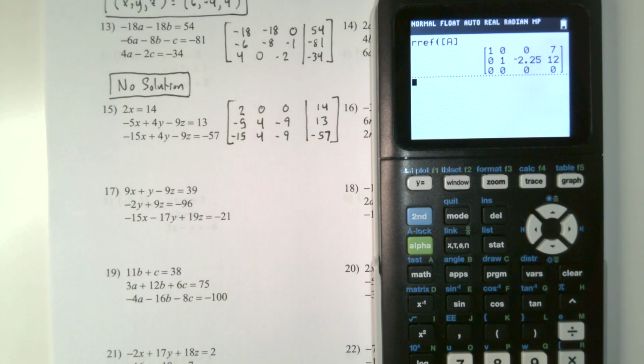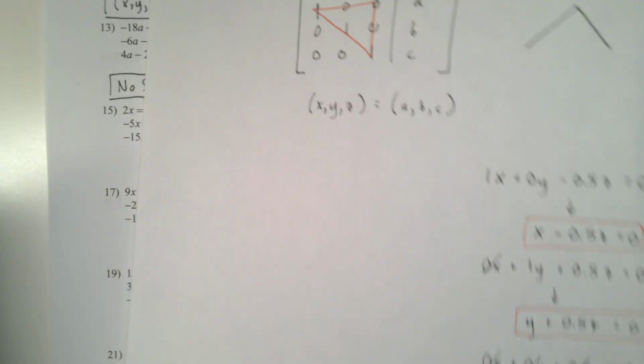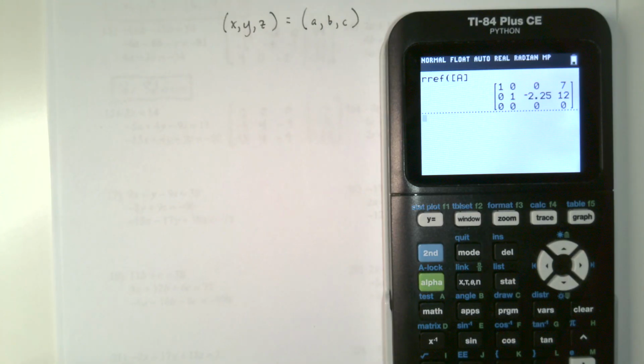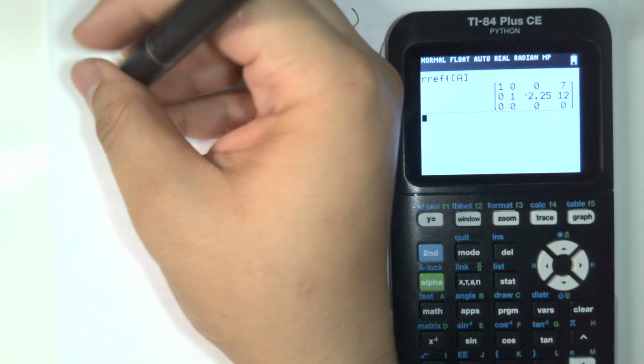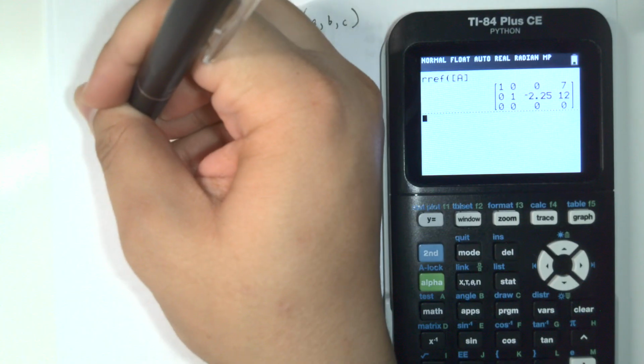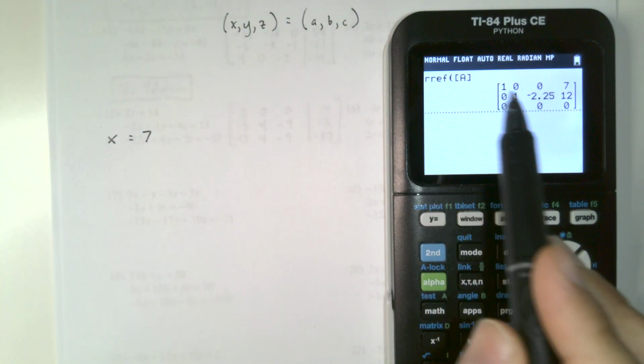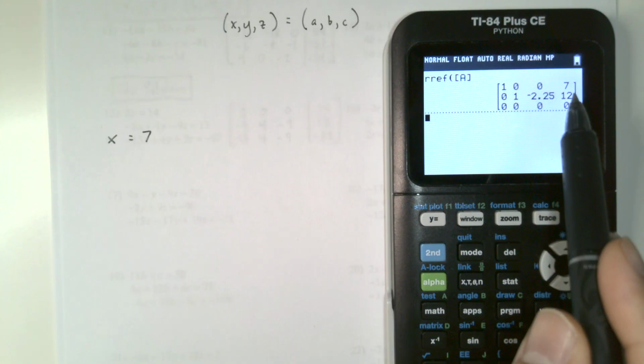So this is very similar to what was happening with the previous one, except now we have something a little bit different. This is telling us that we have x is equal to 7, because we have just x plus 0y plus 0z is equal to 7.